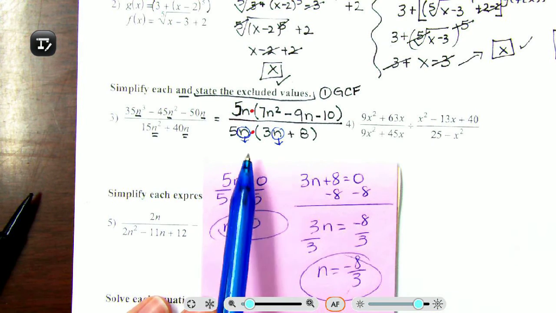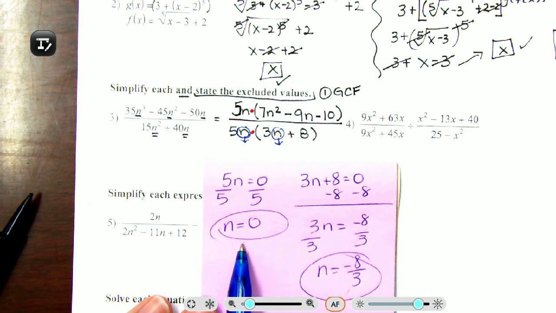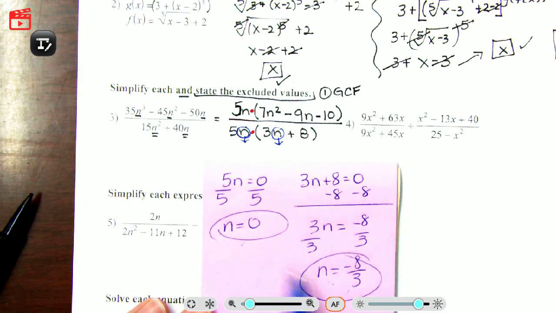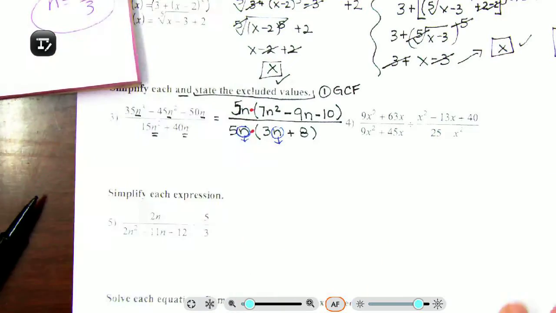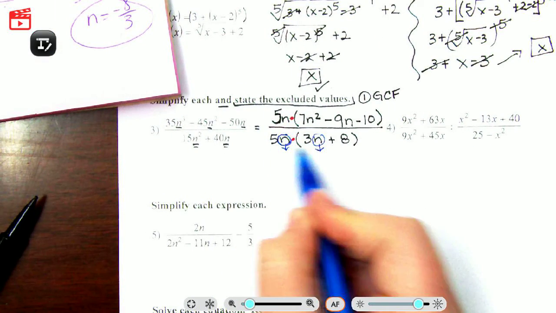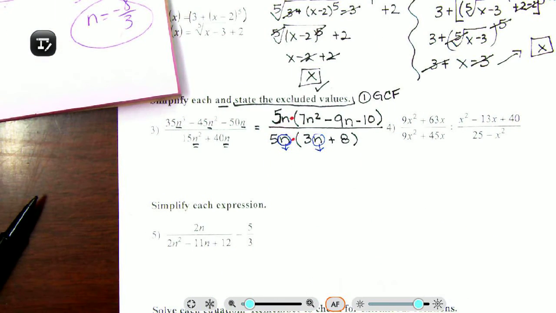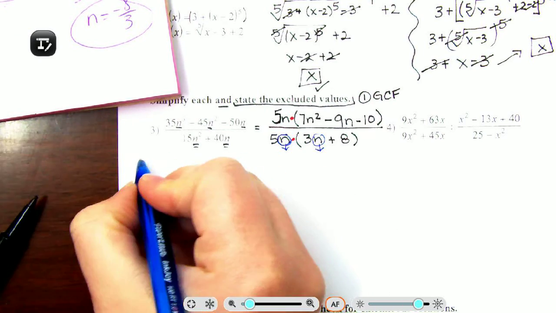So n cannot be 0 and n cannot be negative 8/3. If n is either of these values, that means our denominator would in fact be 0 and therefore the world will explode, right? Because we can't have a 0 in our denominator. So after you factor and before you cross anything out, state your excluded values.